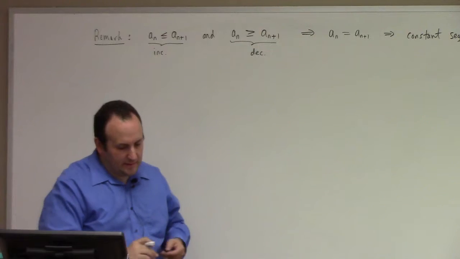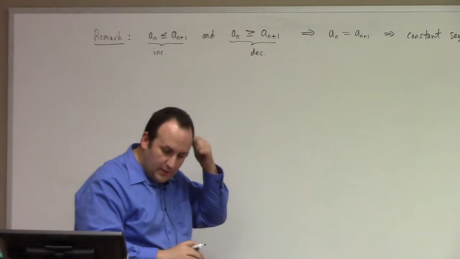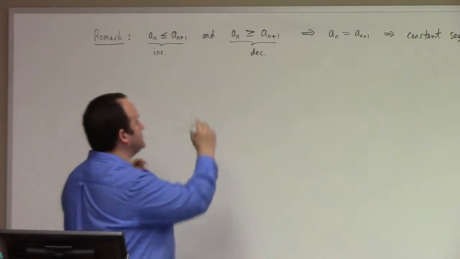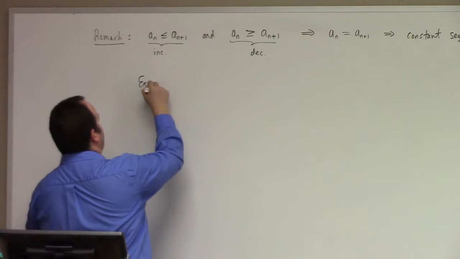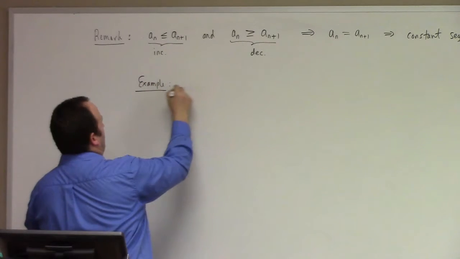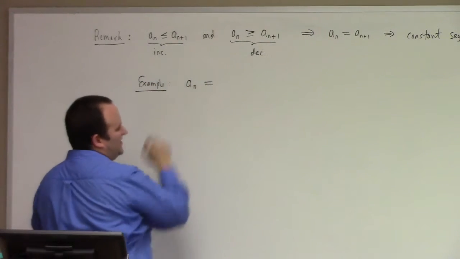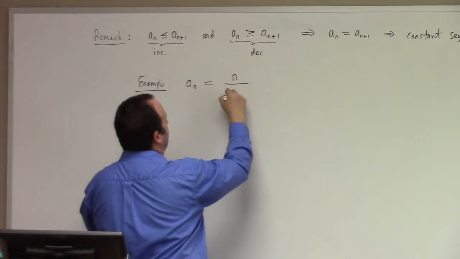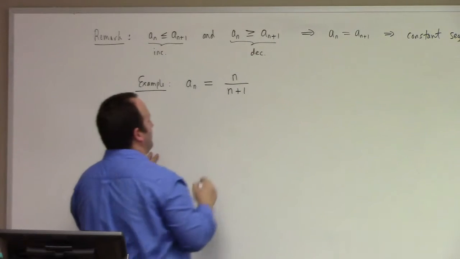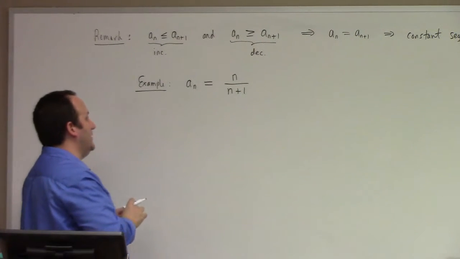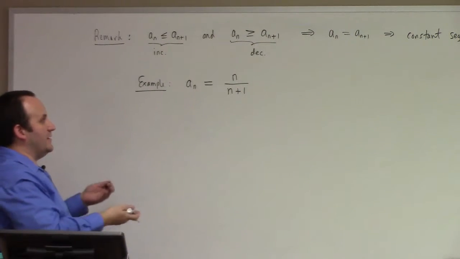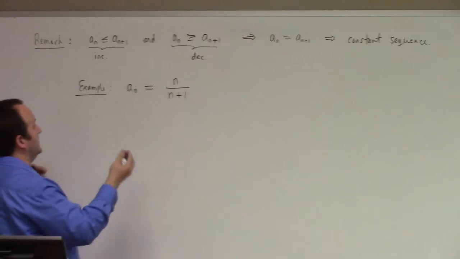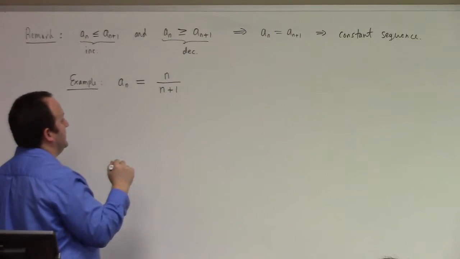All right, let's see here. Example the book gives: suppose you have a_n equal to n over n plus 1. Now this one I think we could just do by inequalities. So let's try to decide if this is increasing or decreasing.